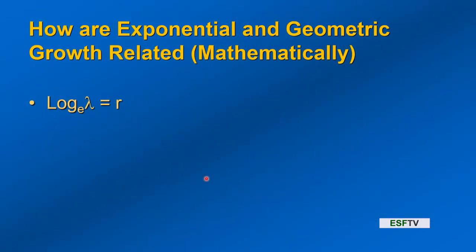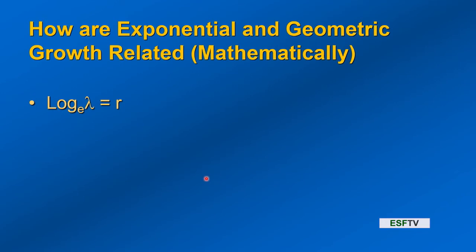There's our geometric growth. Log e times lambda actually equals the rate of increase from the exponential growth. Log e times lambda from the geometric equals r in the exponential model.